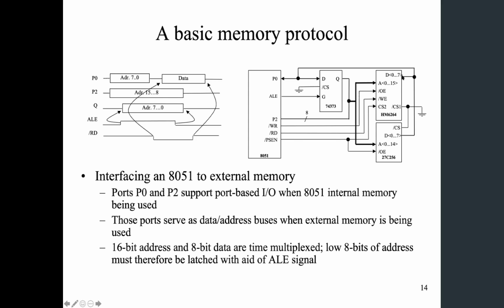When the data is read out of the memory chip, it's going to be presented here, and that's why we perform the read operation by asserting this read. So the data is coming out, and then we will be able to see the data on the P0 port. The data will be present here, and then the microcontroller will be able to read the 8-bit data from this P0.